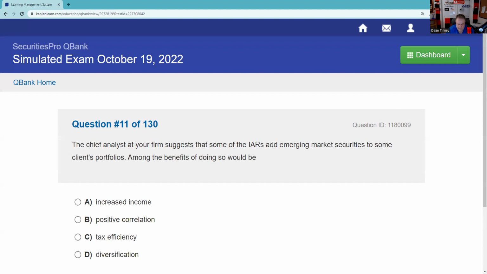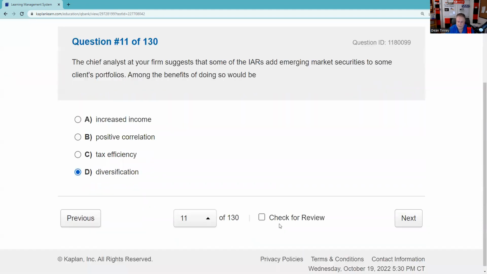Among the benefits of doing so, you are going to get something like this, and it's diversification, right? The other thing you should be prepared for in your 65 is the diversification we're looking for here is negative correlation. We're hoping these emerging market asset allocation we're making in your portfolio has a different correlation to the U.S. equity market. So D.